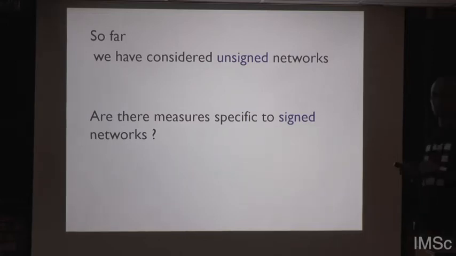So, some links could be positive, that is they are activatory or excitatory in nature. So, whoever they link to, they tend to make further excited or further activated. Or you could have a link which has a negative sign associated with it, that is it's inhibitory or inactivatory in nature. Okay. So, what about those kinds of networks?